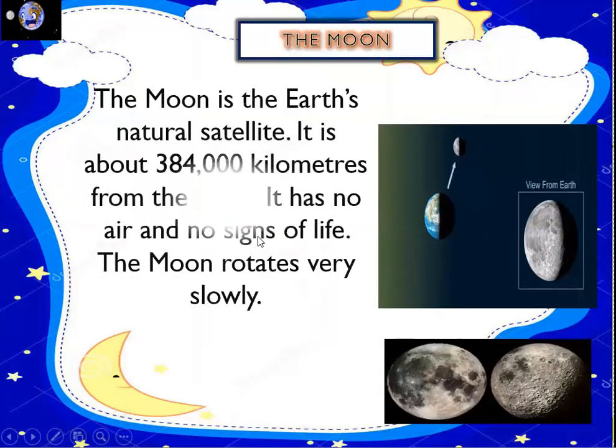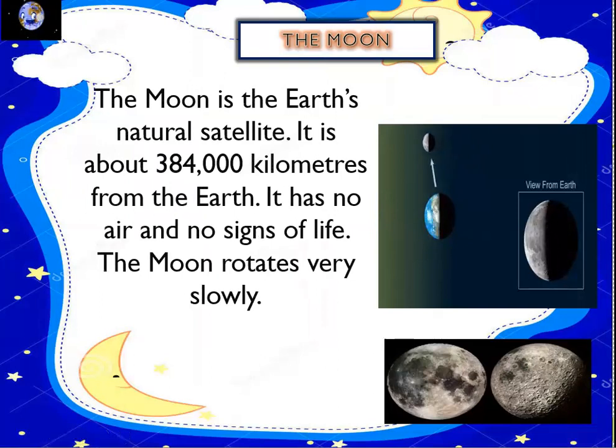The moon. Students, the moon is the Earth's natural satellite. It is about 384,000 kilometers away from the Earth. It has no air and no signs of life. The moon rotates very slowly.